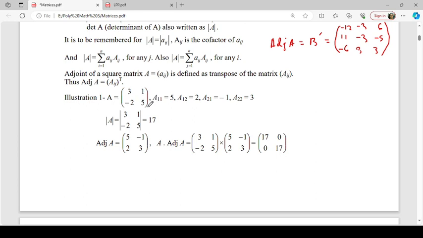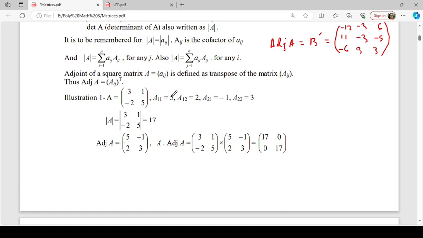So A is the matrix. Then A11 is 5. A12 is minus 2, and minus of minus 2 is plus 2. A21 is this 1, and it will take a negative sign, and A22 is 3. So the determinant is 17.